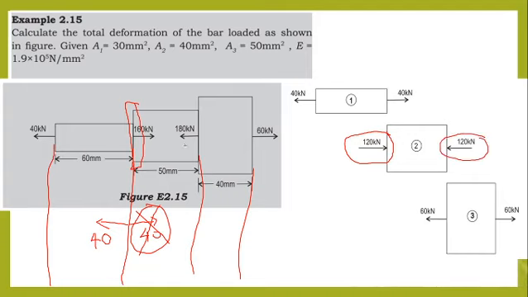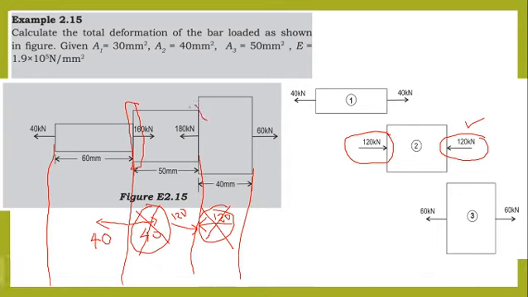Again, we checked here, we don't have any 120 kilonewton force. So we have added a 120 kilonewton force towards the left direction. We add another 120 to cancel the force we have added, and the first added 120 got cancelled because we have already used it here. So remaining will be 120 kilonewton towards the right direction.